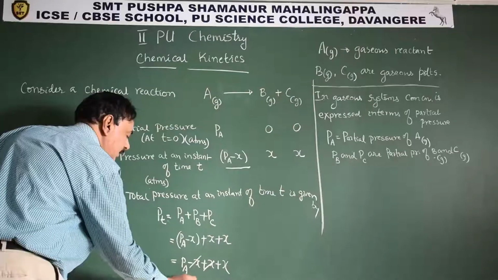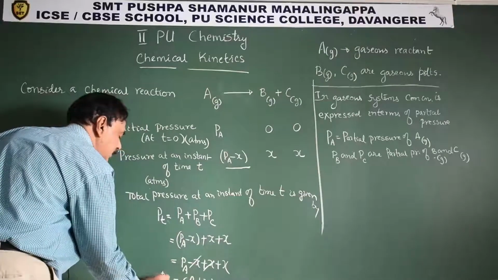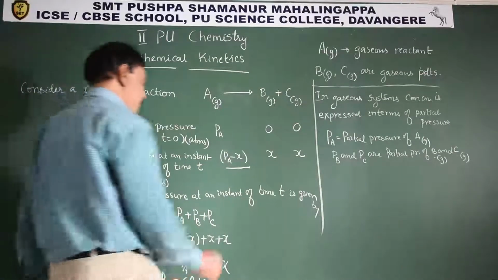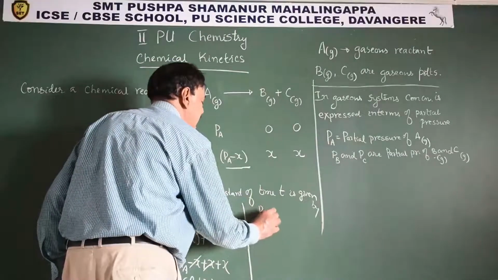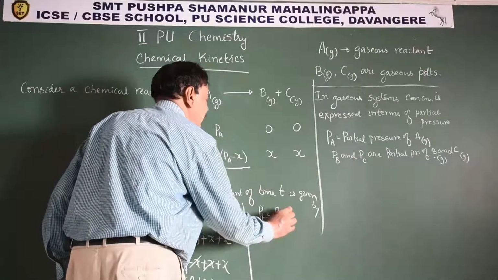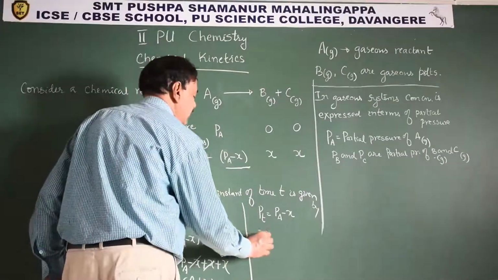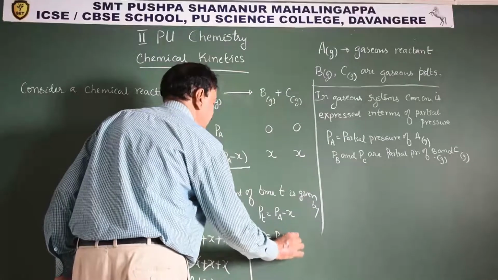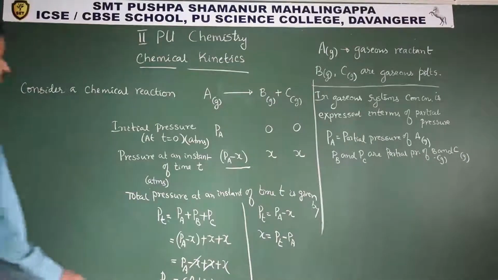This is PA plus x, and that is equal to PT. Therefore PT is equal to PA plus x, or x is equal to PT minus PA.